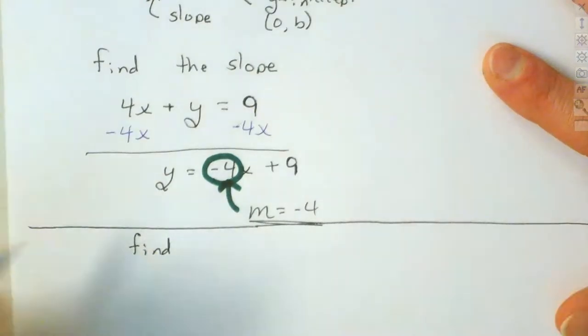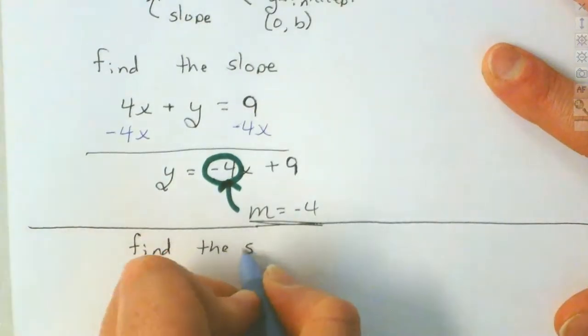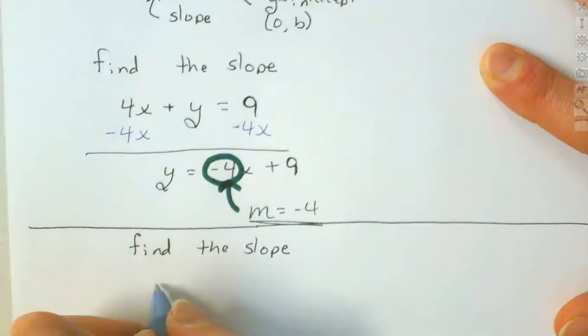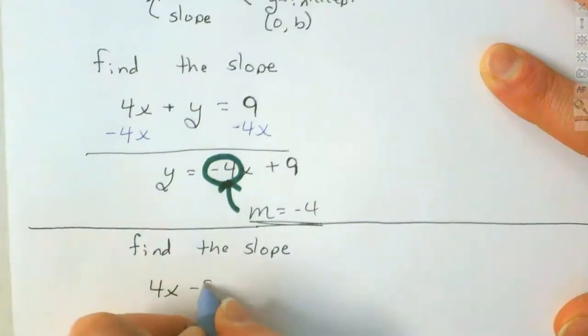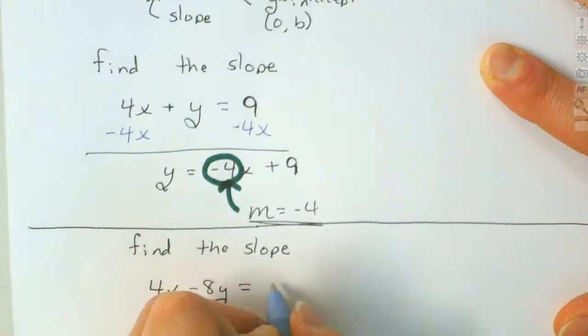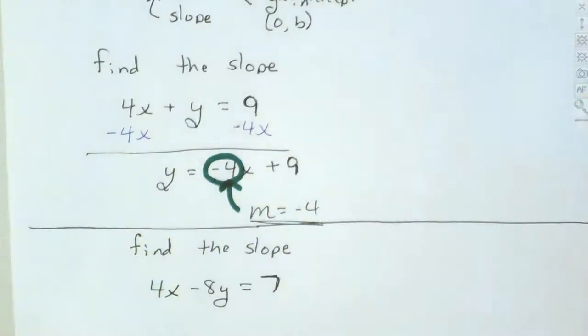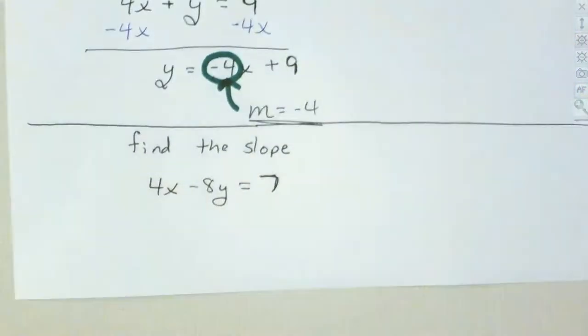All right, we're going to be finding the slope. This one's going to require a little bit more algebra here. So I want to find the slope. So if I want to find the slope, I need to get the y by itself.